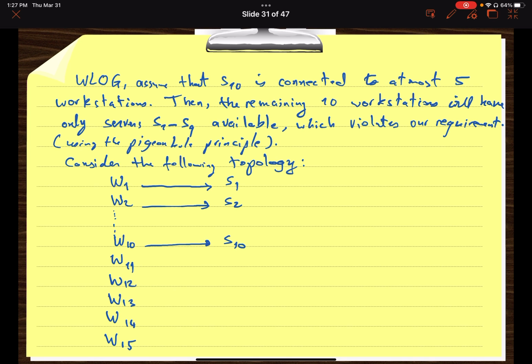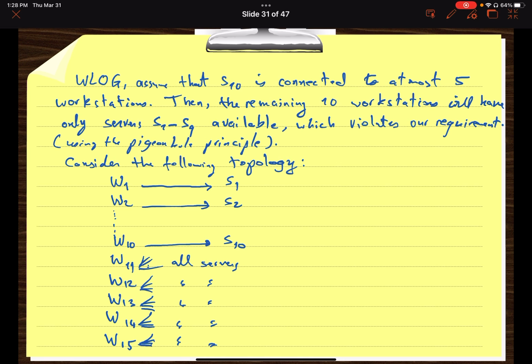And then I will connect W11, W12, W13, and so on, to all the servers. Now, let me see whether I can convince you that for any subset of 10, with this solution, I can have 10 active connections. Choose any 10.